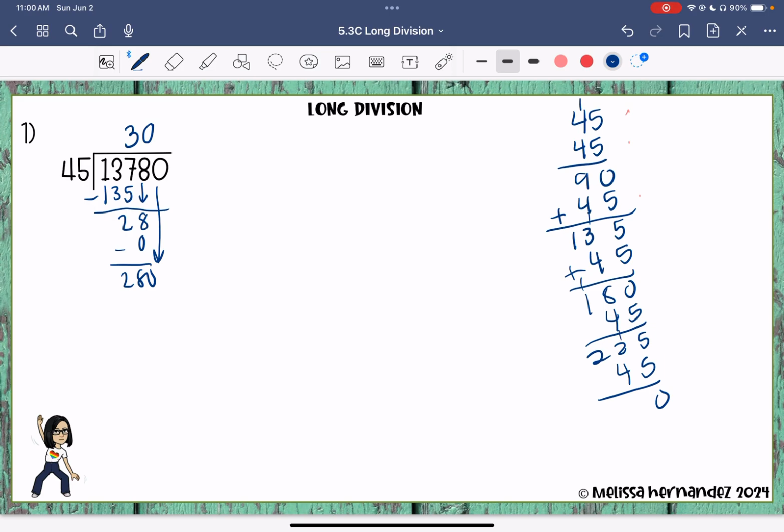I just won't count it. I'm at 270. So that means there's 1, 2, 3, 4, 5, 6. I like adding it on the side so you don't have to repeat the process. So that means 6 groups of 45 is 270.